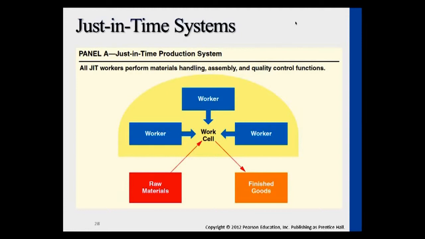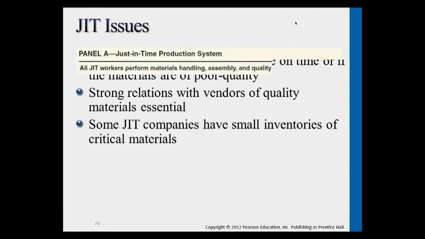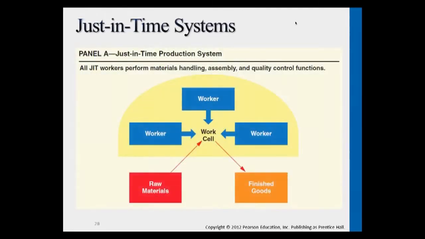Okay, so what do I usually do within this work cell? It's materials handling, it's assembly, it's quality control, all of it is there. All of the processes are completed within the work cell. And as you see, I don't really have any departments, right? There are no departments.